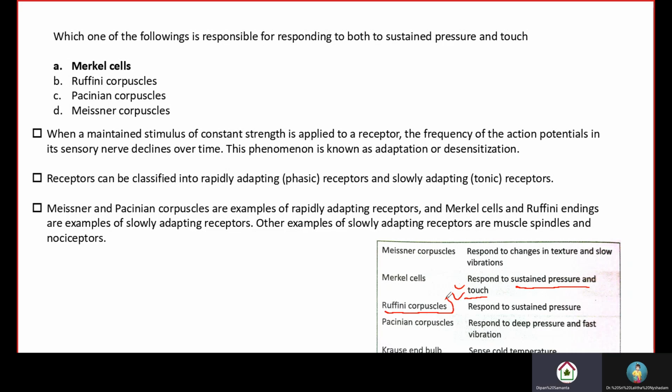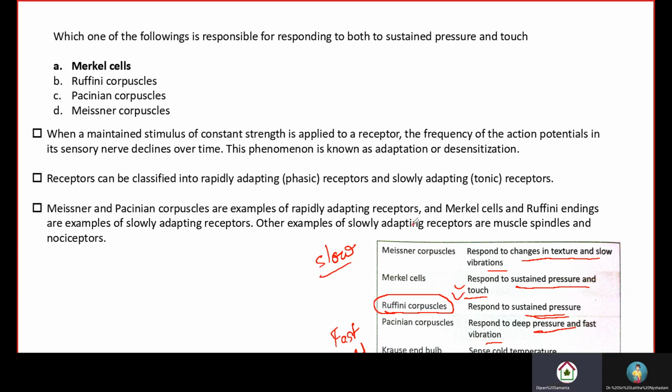Ruffini is responsible only for sustained pressure and not touch. Pacinian responds to deep pressure and fast vibration. Meissner responds to changes in texture and slow vibration. So fast vibration is Pacinian, slow vibration is Meissner. Krause end bulb senses cold temperature.